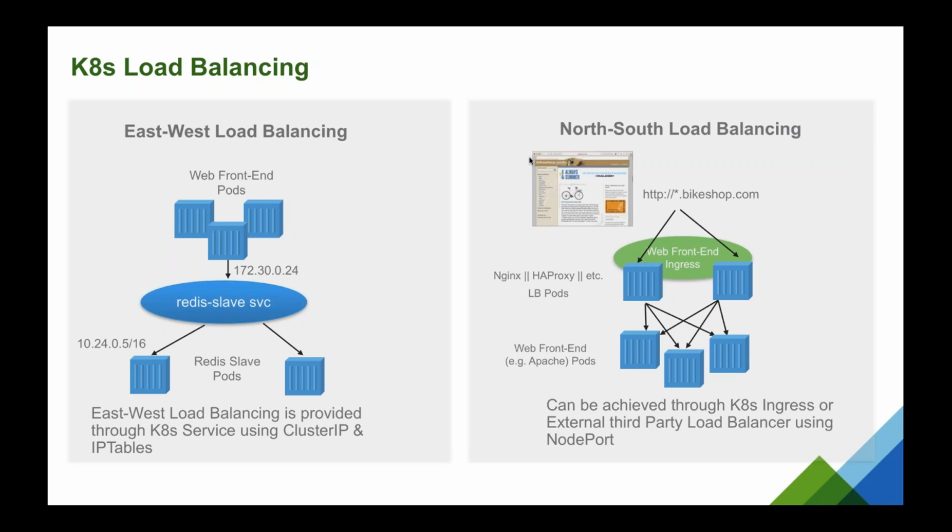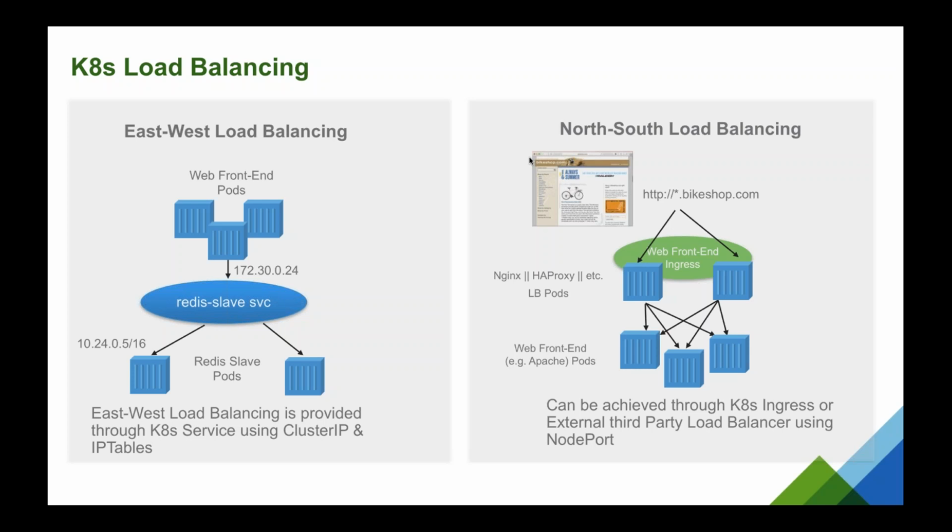What we are doing is we are giving the service what is called a cluster IP. So that's a virtual IP address. On that picture, you see it as 172.30.0.24. And that IP address is present on each and every node, but is only available inside of the node.